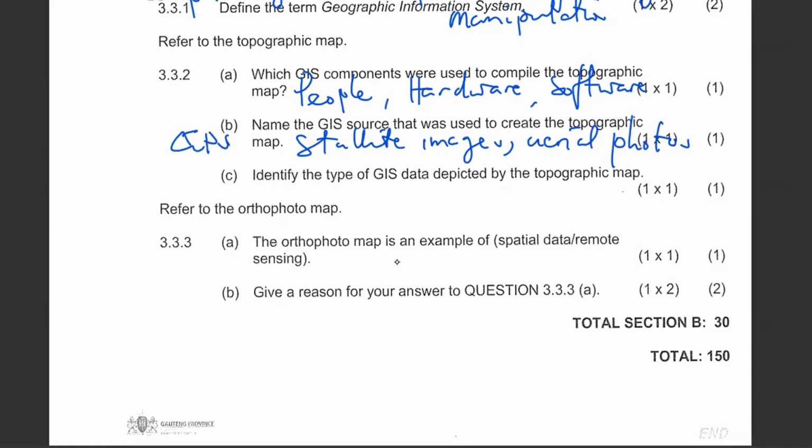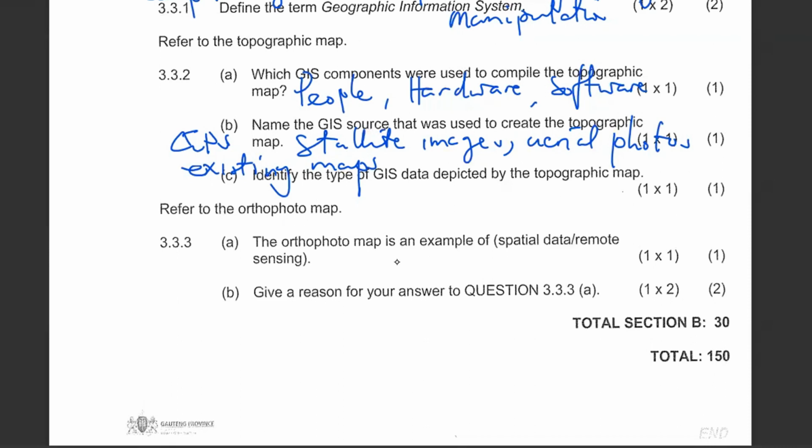Or we can also look at existing maps. We can use existing maps to add additional information on the changes on the geographical features and come out with the new map.